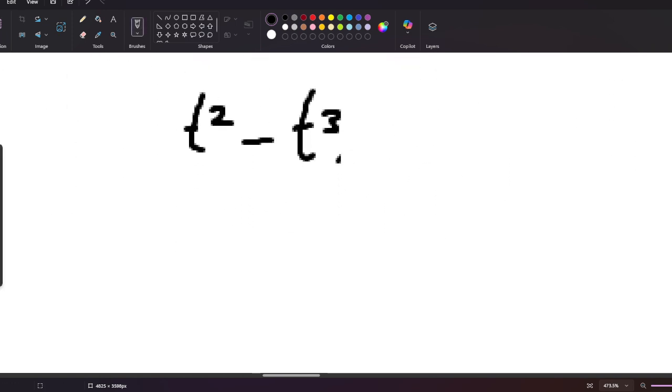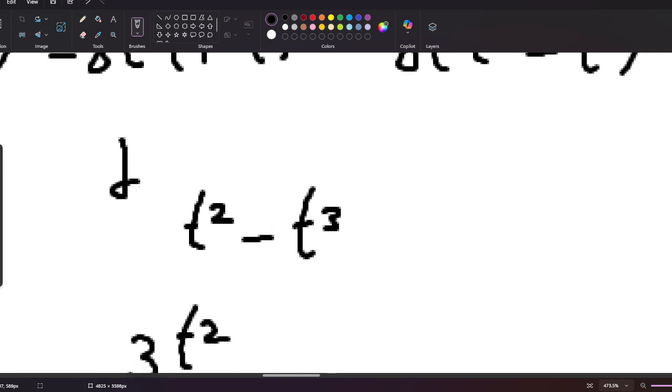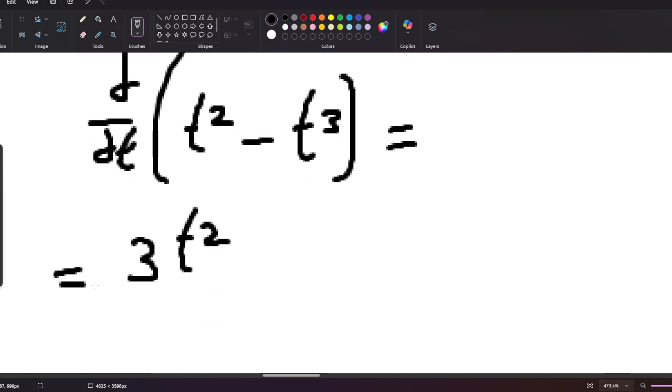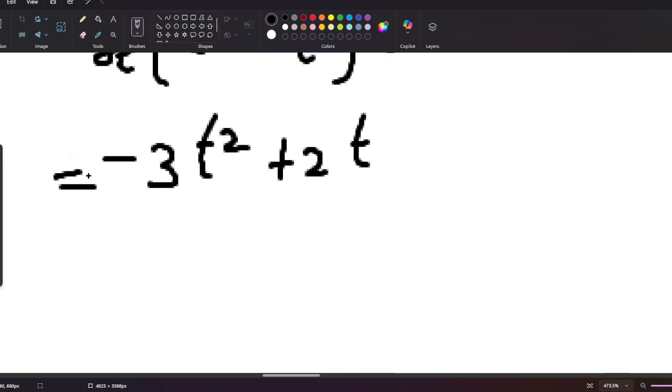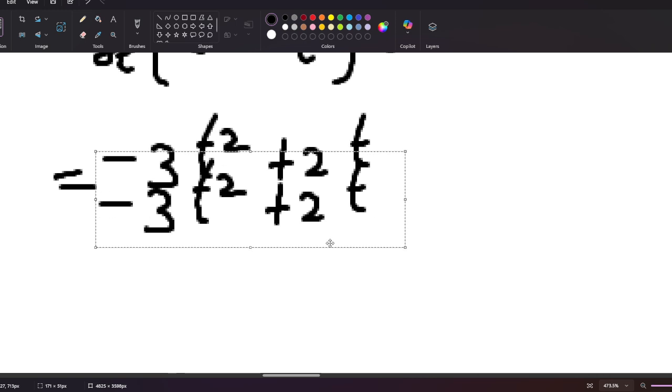Let's differentiate it. We are going to have 3 times t squared, not just that, minus 3 times t squared plus 2 times t. Now let's find when that is going to be equal to 0.